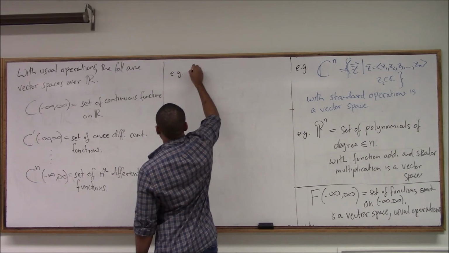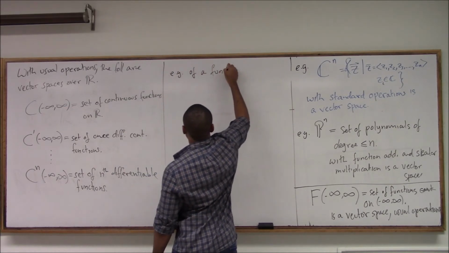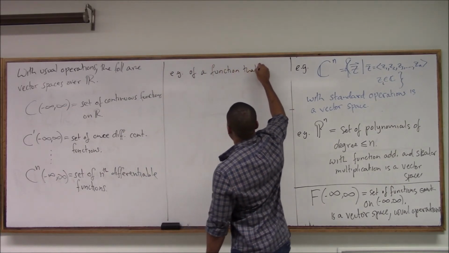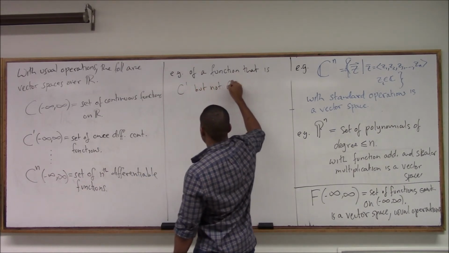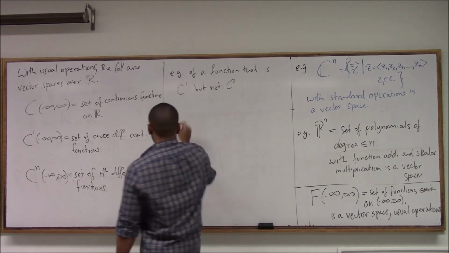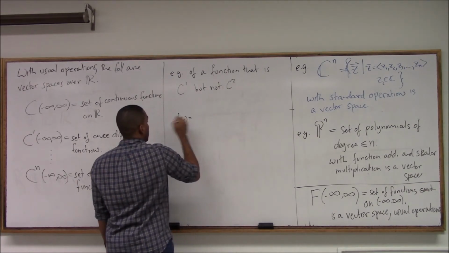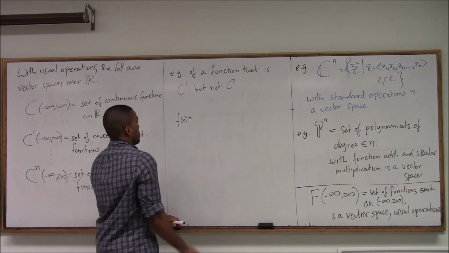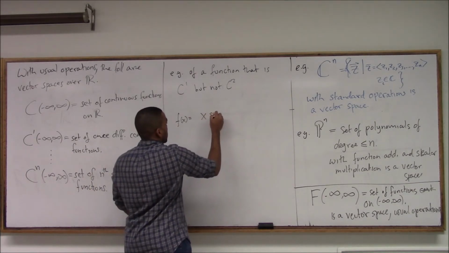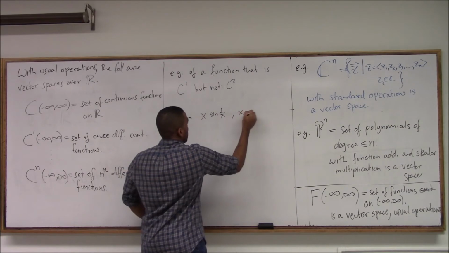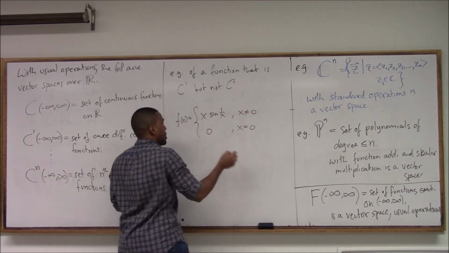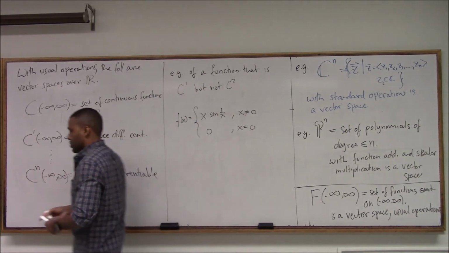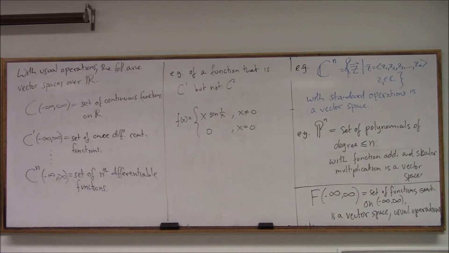Example of a function that is C1 but not C2. It's something like this function. That's a function that you can differentiate once and no more. Other examples.